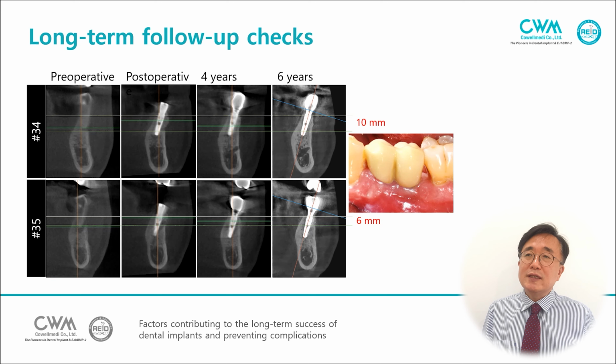And the long-term follow-up check shows this buccal bone graft with implant during 6 years. New cortical bone and the buccal bone width is maintained at the 34 and 35 implant sites. So the bone height of 10 millimeter and 6 millimeter was maintained in the 34 and 35 sites.